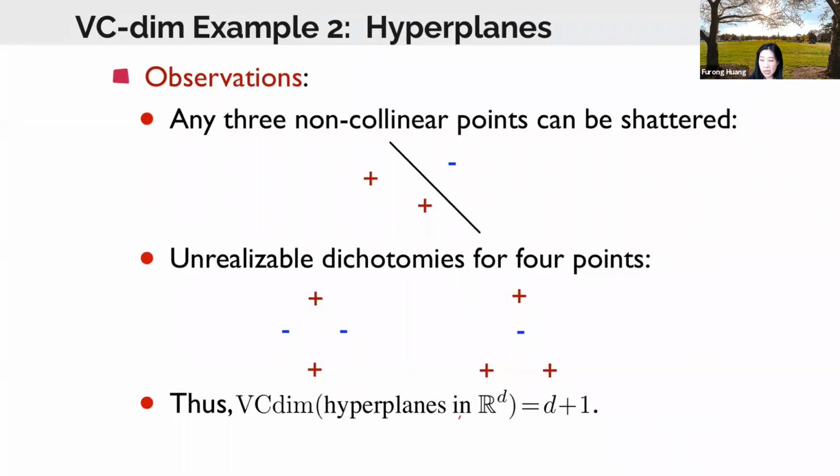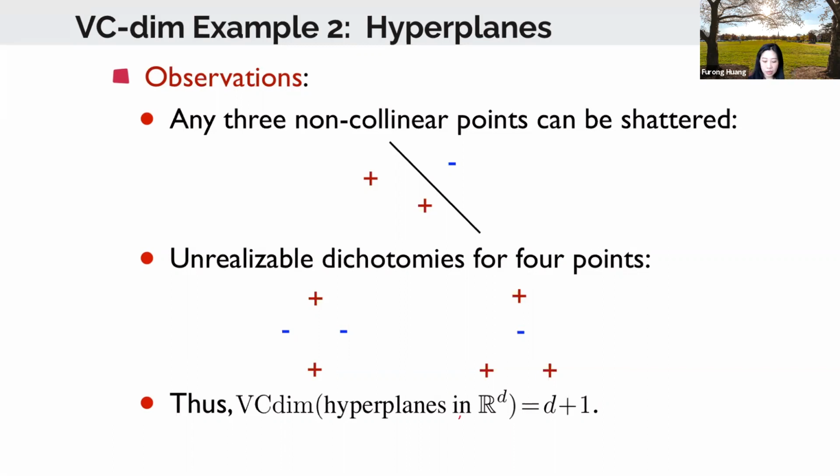So what does this mean? This means that you can find a lower bound of your VC dimension D, right? So you can find 3 points. As long as the 3 points are non-collinear, they will be fully shattered by your hypothesis class of hyperplanes.